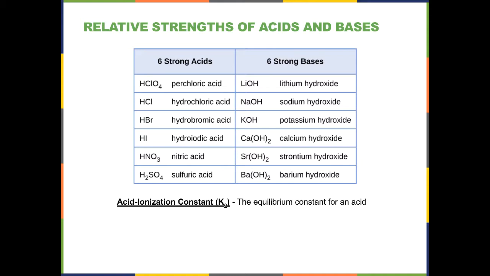This is the equilibrium constant for an acid or a base. You'll remember we looked at this briefly in previous slides, and it's the product of the concentration of the products, which are generally hydronium ion times some other ion, divided by the concentration of the unionized acid.